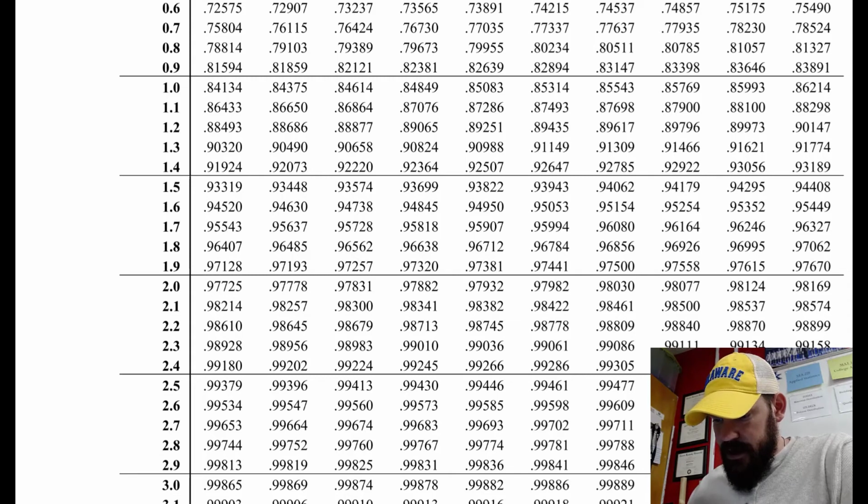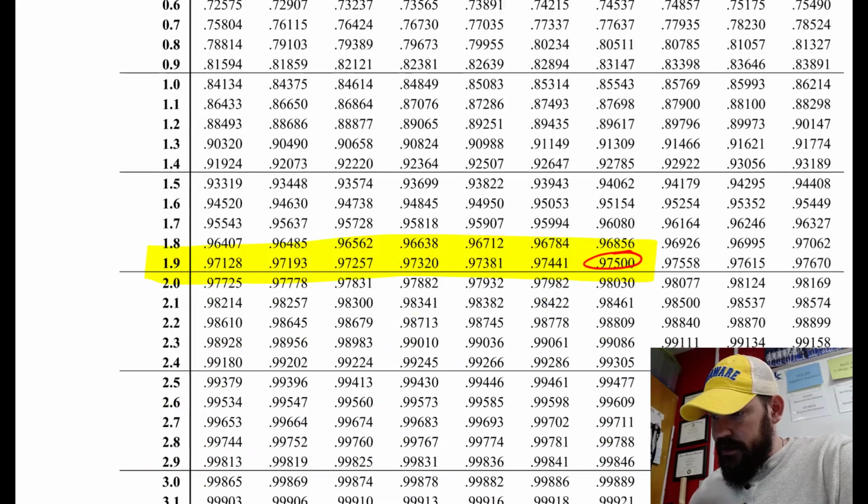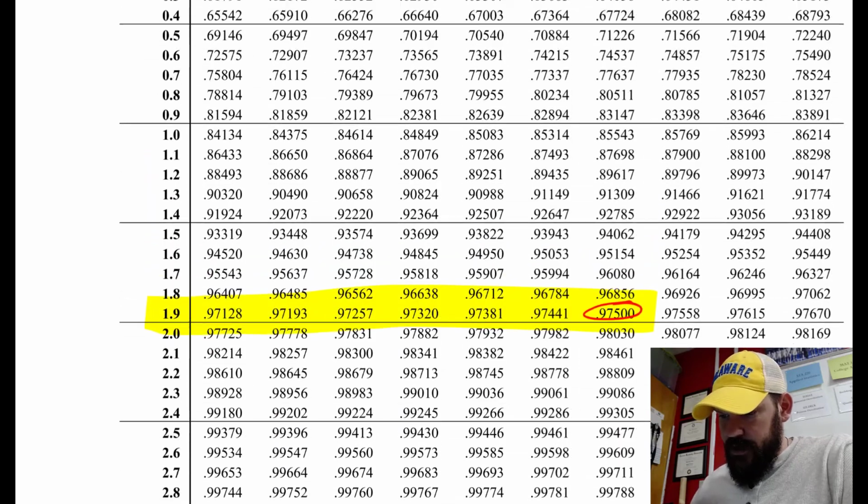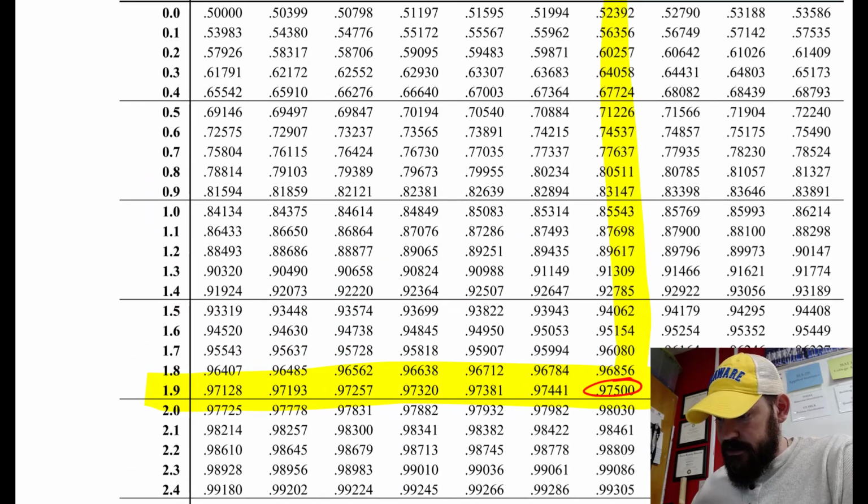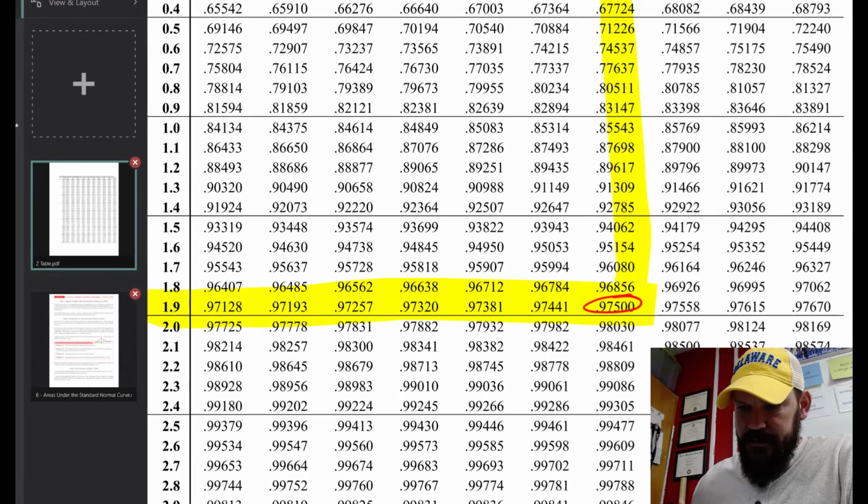So scanning the table for 0.975, oh, right there, perfect. We do have a value that is exactly 0.975. It's going to be 1.96. So we can see that 1.96 is an area of 0.975.